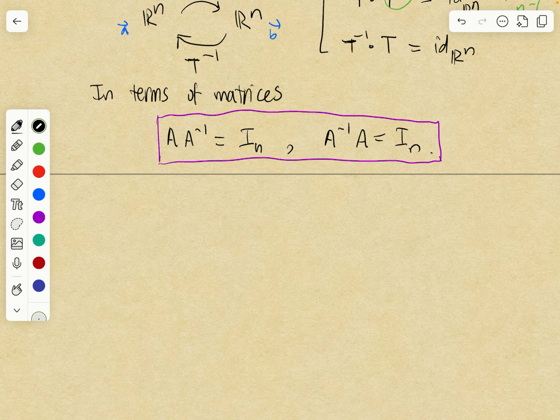And this leads us to the following result, which I should write down. So the theorem is: let A be an n by n matrix.